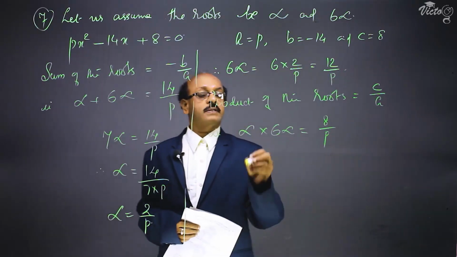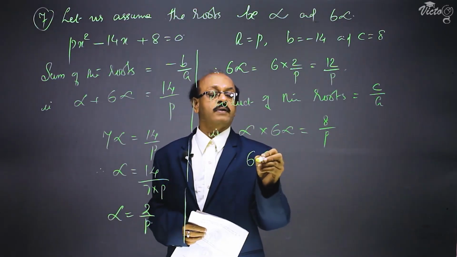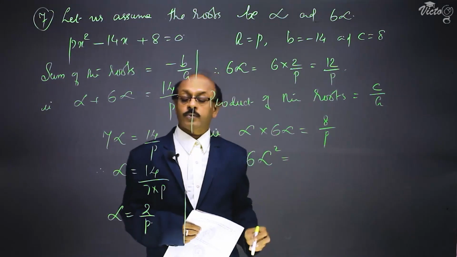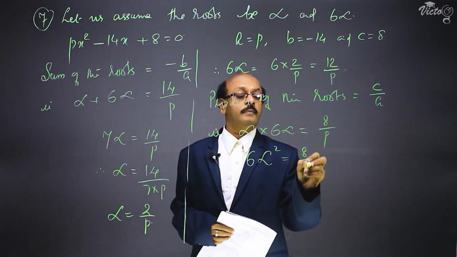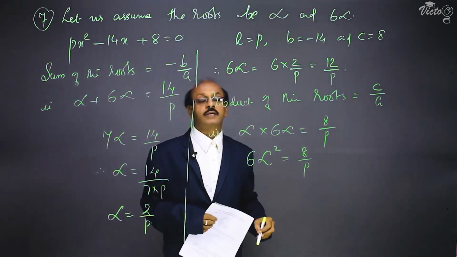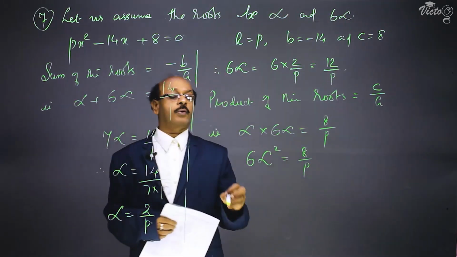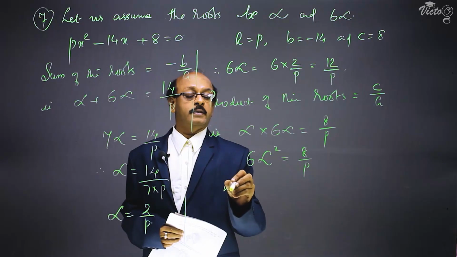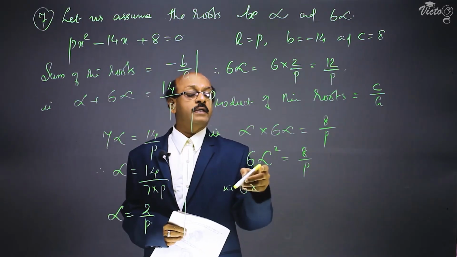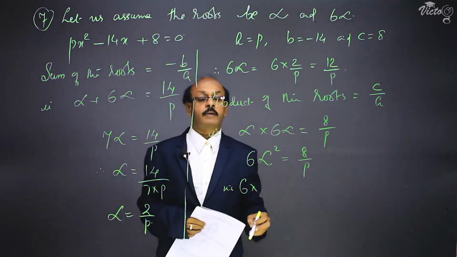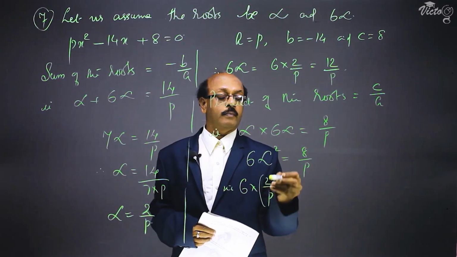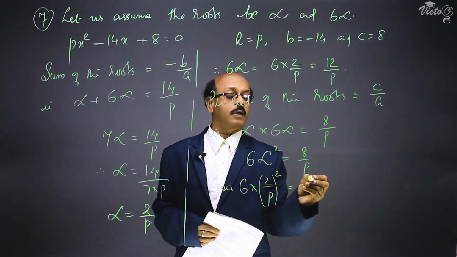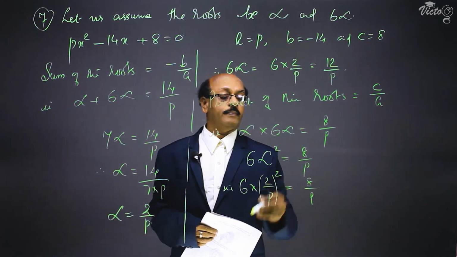Multiplying alpha and 6 alpha, which is equal to 6 alpha square is equal to 8 by p. But we know that alpha is equal to 2 by p, therefore that is 6 into, instead of alpha we can write 2 by p, the whole square is equal to 8 by p.